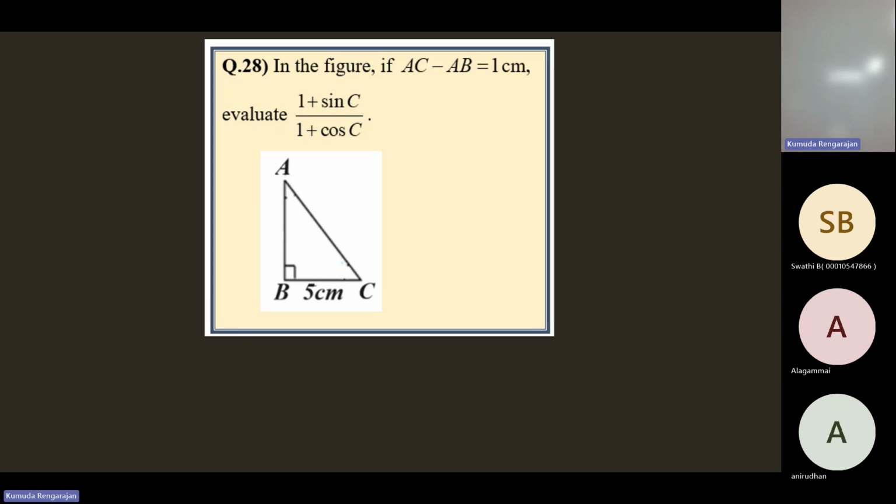What is AC? 1 plus AB. AB square plus 25 is equal to 1 plus 2 AB plus AB square. The AB square and AB square will cancel. Now solve and find AB. After finding AB, find the three sides of the triangle, then find cos A, and substitute the value.